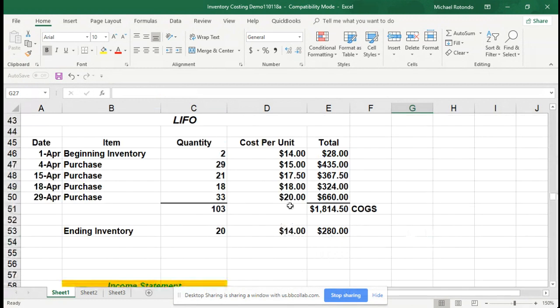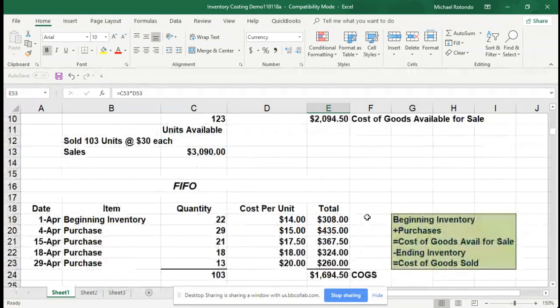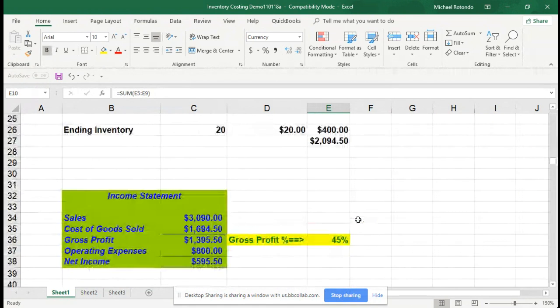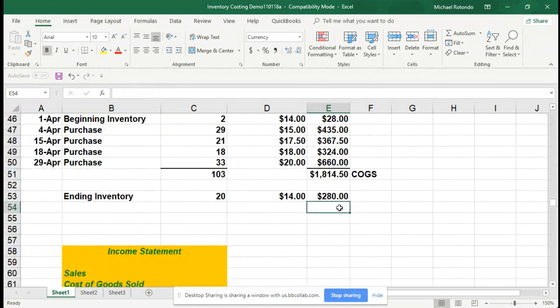And we should make sure that our cost of goods sold and our ending inventory equals our cost of goods available for sale. So let's add that up. And it does. So we should be confident in our numbers.